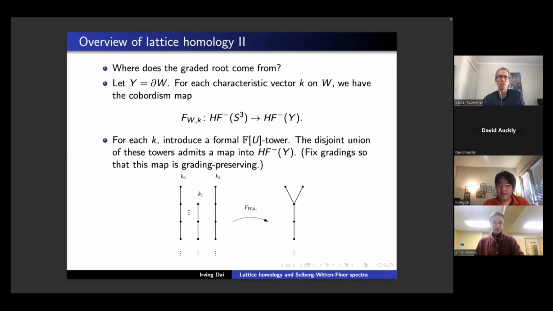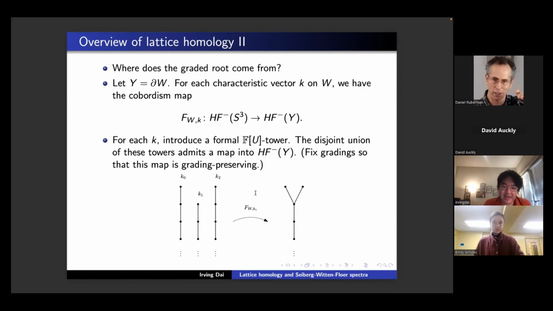For example, here I have drawn schematically three different characteristic vectors. The Heegaard-Floer homology on the right is HF minus of sigma 237. This is just a schematic example. You can imagine that I have three characteristic vectors on some standard negative definite plumbing for sigma 237, and each of these is embedded via the cobordism map in some way.